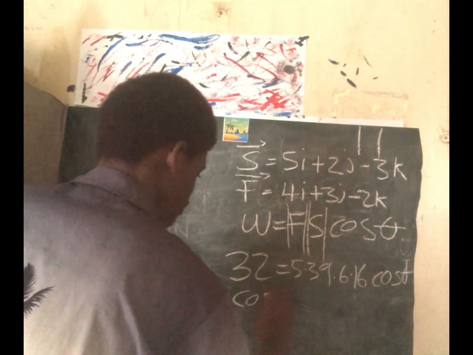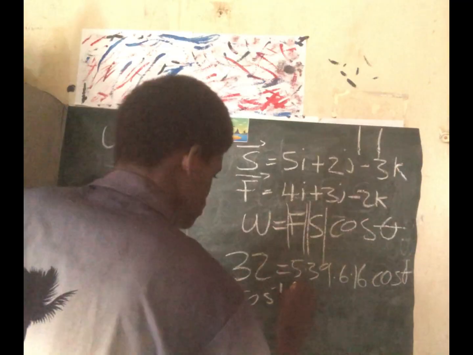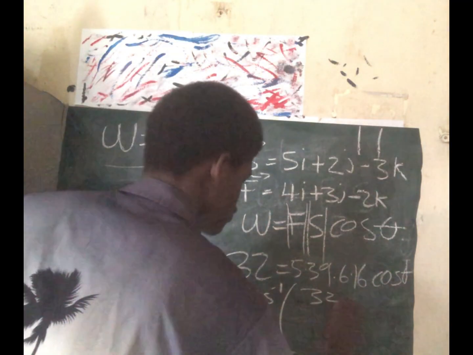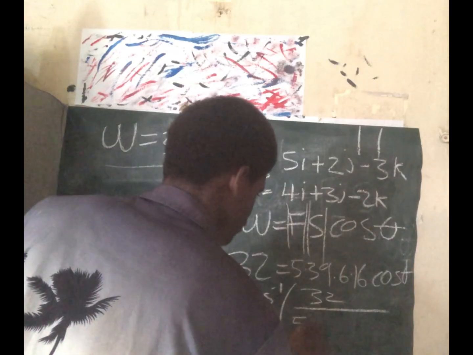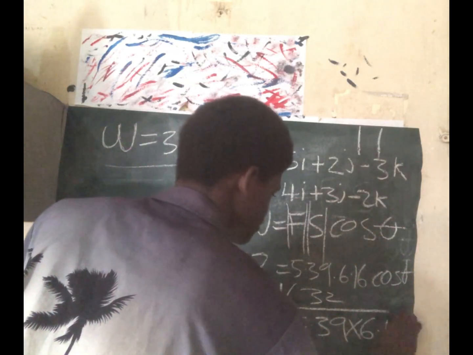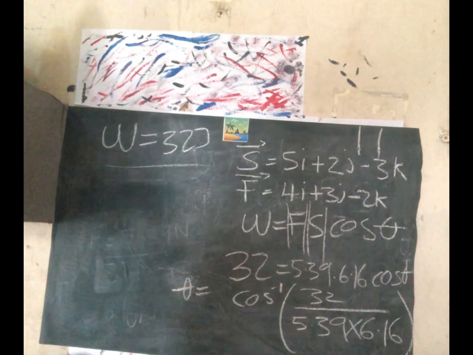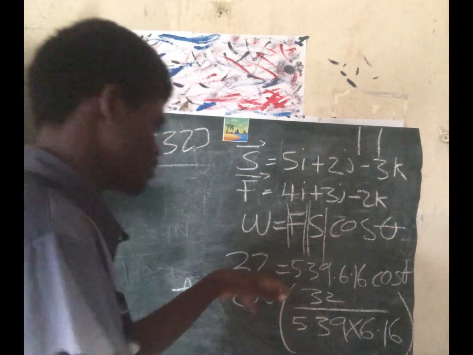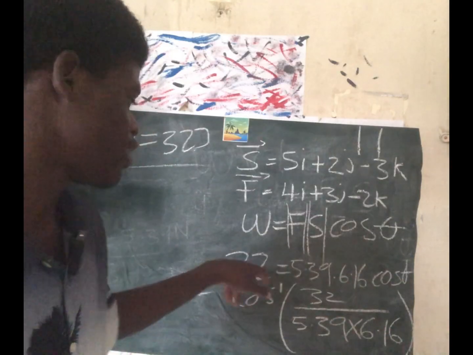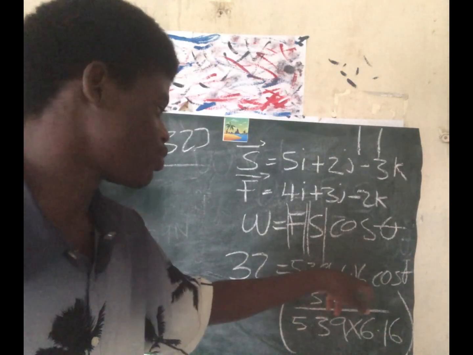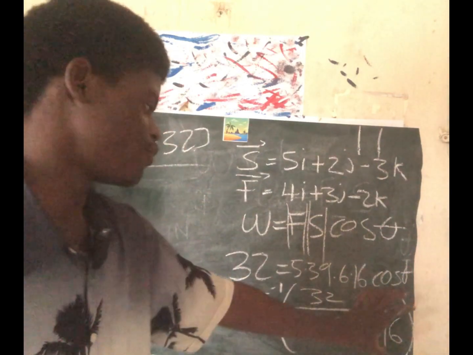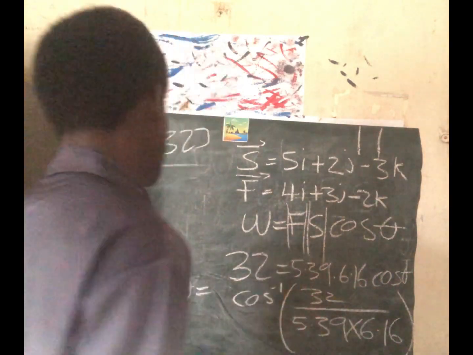That will be cos theta is equal to 32 over 5.39 times 6.16. I hope you understand what I did here. I divided 32 by 5.39 times 6.16, then I took the cos inverse of the value. Then we get our theta.